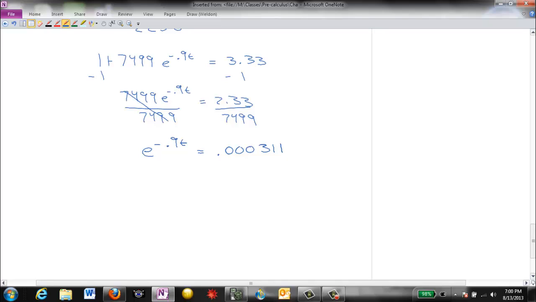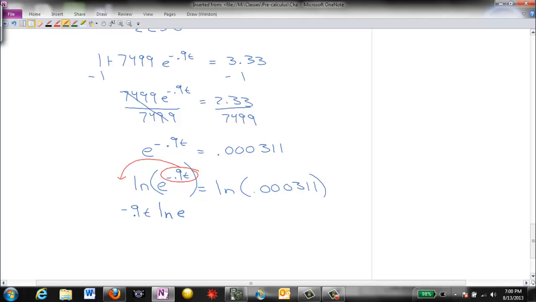I can go ahead and take the natural log of both sides. So the natural log of e to the negative 0.9t equals the natural log of 0.000311. And now I can go ahead and use the power property to pull this negative 0.9t out front here. Okay, so I have negative 0.9t equals, well, hold on a minute. I don't want to gloss over anything here. We still have a natural log of e, but you should recognize that that is 1.